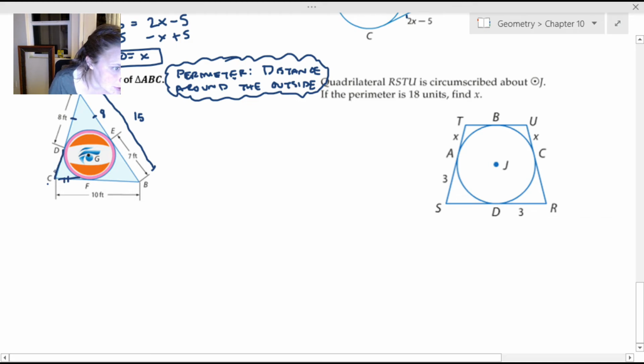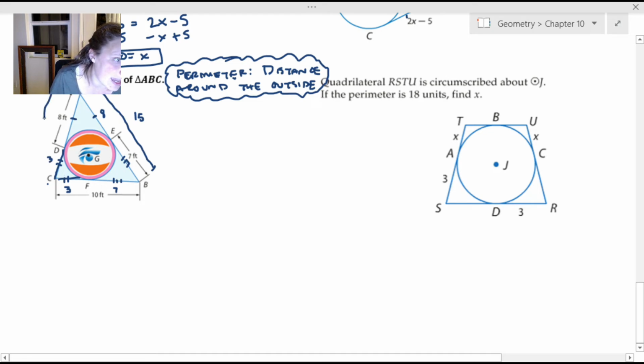I know they're going to be congruent to each other. This whole thing is 10. This is 7 and this one is going to be the same, so these two should add up to 10. So this segment has to be 3, and so this also has to be 3.